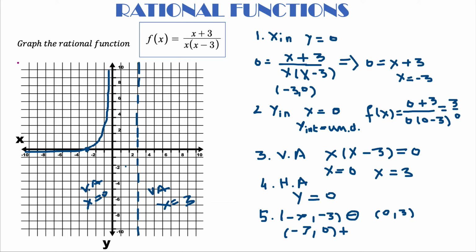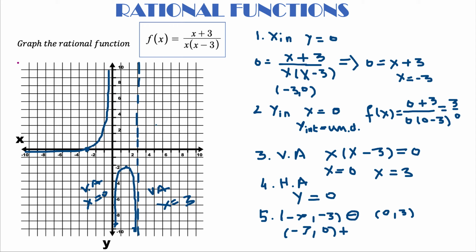So the function has to be down. We don't know exactly, but we know approximately where it's going to go. And this function is going very, very close to the asymptote, but it's not going to touch. Same thing with the other asymptote. Very, very close. So this is how the graph looks.